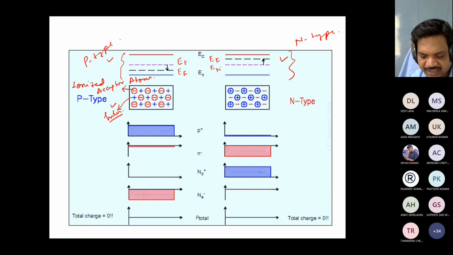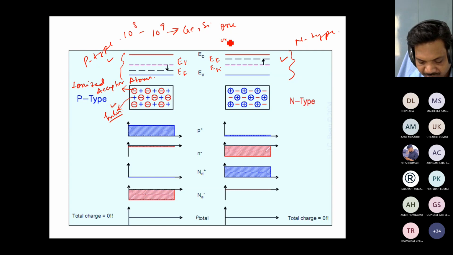I told you that in lighter doping, only one impurity atom is there in 10 to the power 8 to 9 germanium or silicon atoms.